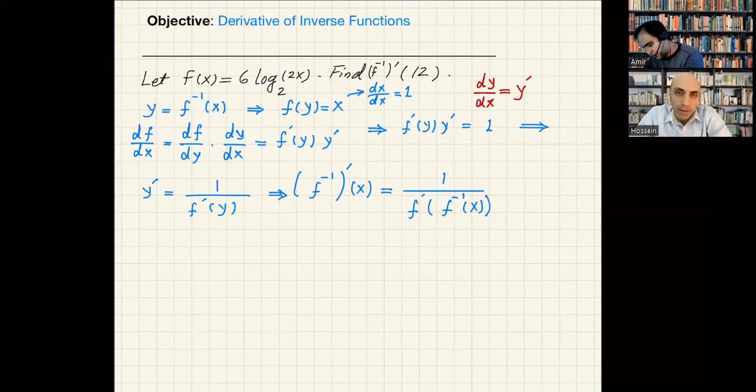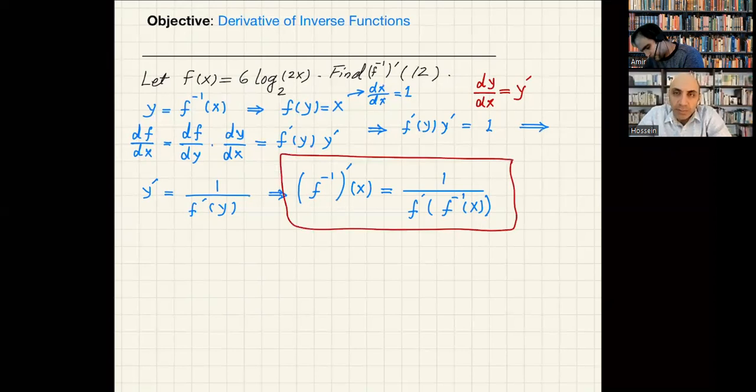So we have this relationship here. This is the relationship between the derivative of the function and the derivative of the inverse of that function. That's correct.